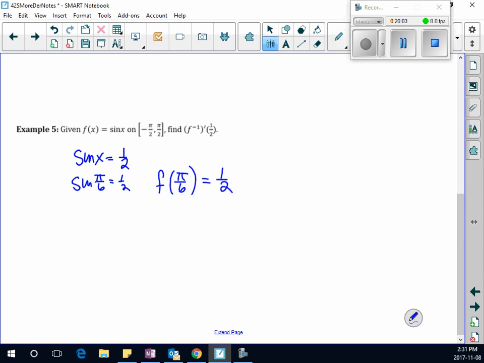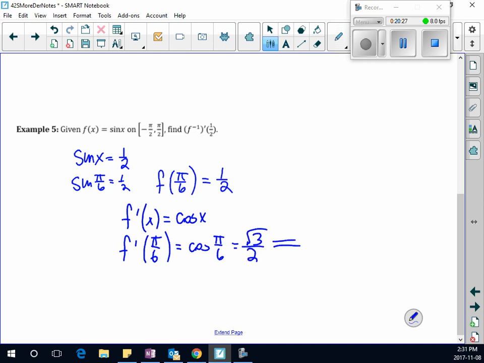The slope at π/6. So what would I have to do in order to do that? Find what cos is. So f prime of x would be cos x. So f prime at π/6 is whatever cos of π/6 is, which is root 3 over 2. Therefore, the inverse derivative at 1/2 is 2 over root 3. Done.